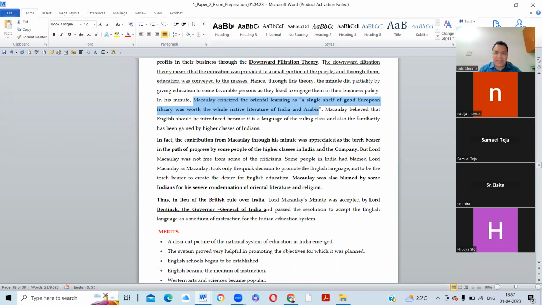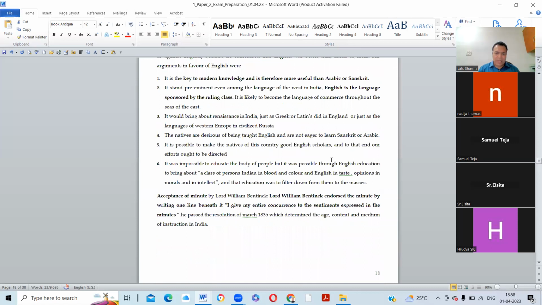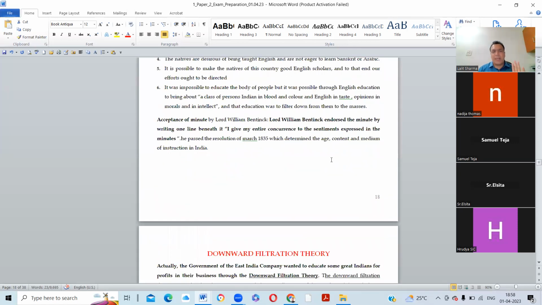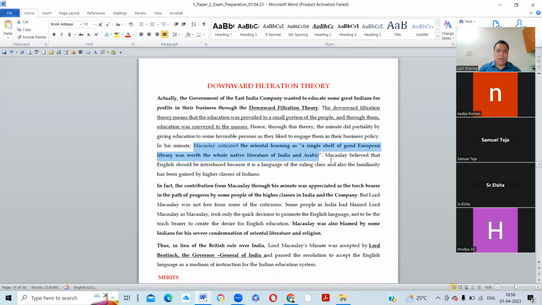He said, if you can remember, so you can write it, that a single shelf of a good European library was worth the whole native literature of India and Arabia. So Macaulay criticized our literature, our languages, and he introduced the English language as well as science and European culture in 1834, in the British Parliament, approved by Governor General Lord William Bentinck.